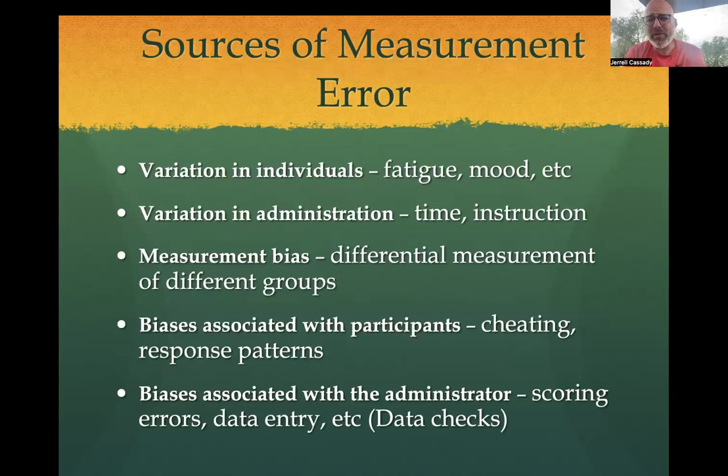As I said, there's always measurement error, theoretically speaking. But here are some sources of measurement error that can occur in your research. You can have variations across individuals or within individuals, meaning the same individual can have variations. So if I take the same test twice, one time I'm tired, one time I'm angry, something like that, it can influence your performance.